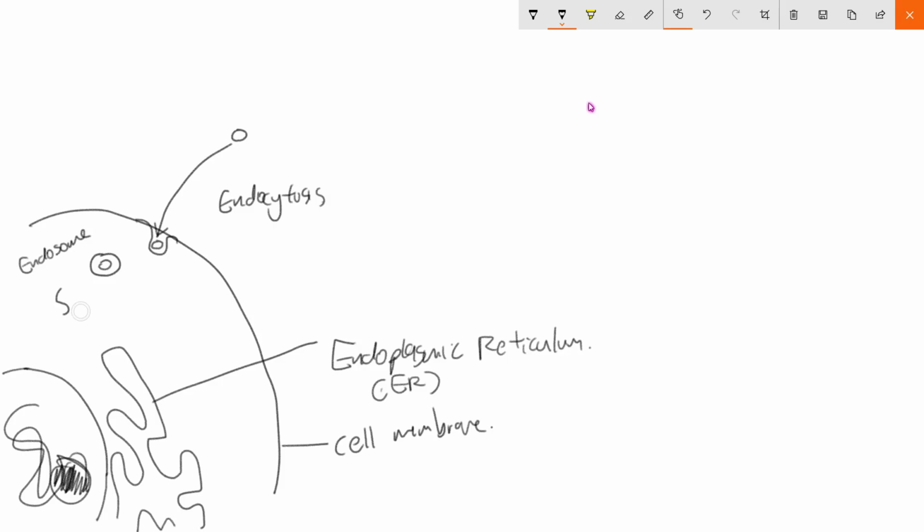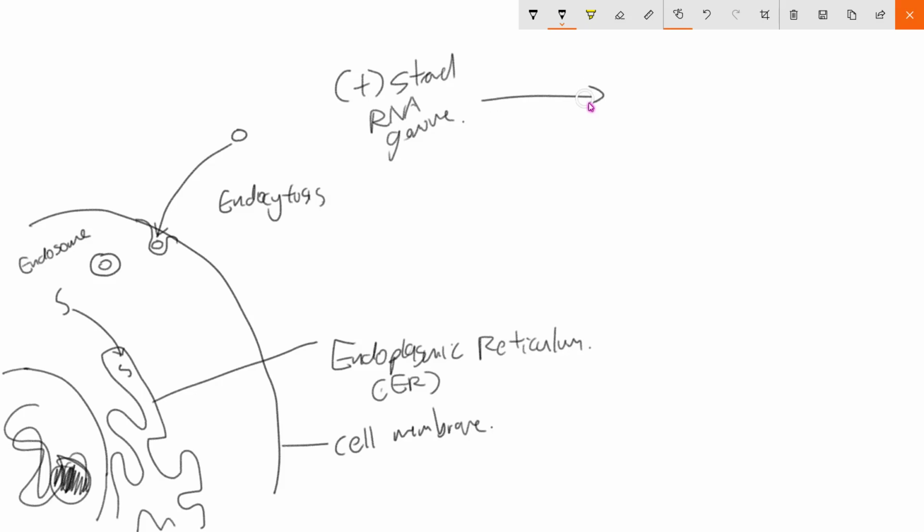And it enters the endoplasmic reticulum where viral replication occurs. Your plus strand RNA genome is the source of your proteins.